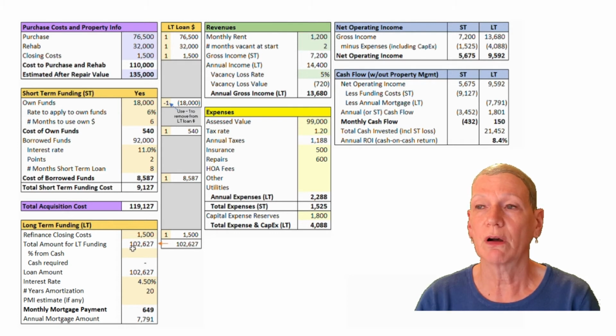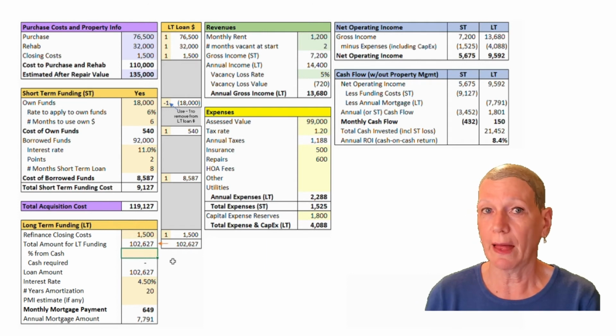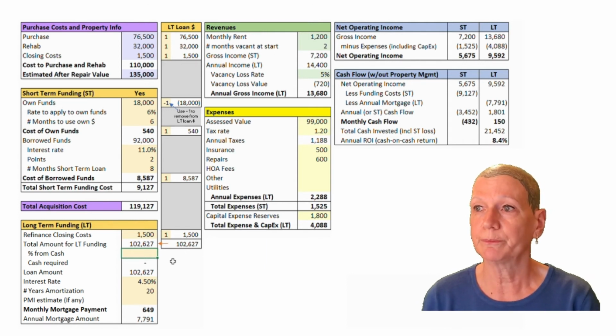Remember, over here on the borrowing side, we tried to borrow the most of the money that had been put into the short-term funding. We were leaving the $18,000 in place that was used from our own funds at the beginning. But you do have the option here to come in and say, okay, I'm going to put a little more cash into the deal by way of borrowing less when I do the refinance.